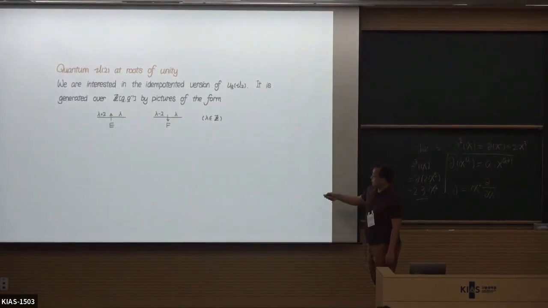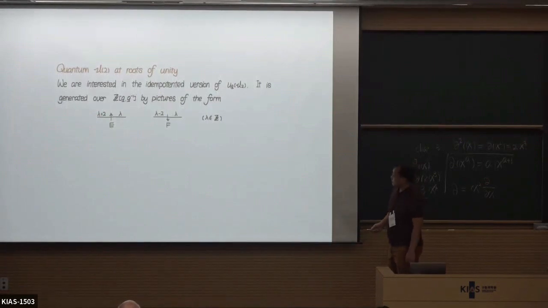Similarly, when you live in this world lambda, once you pass through this up operator, it will go to lambda plus 2. It's very similar to what you have seen in the spin chain picture in statistical mechanics. We're borrowing that kind of picture over there.